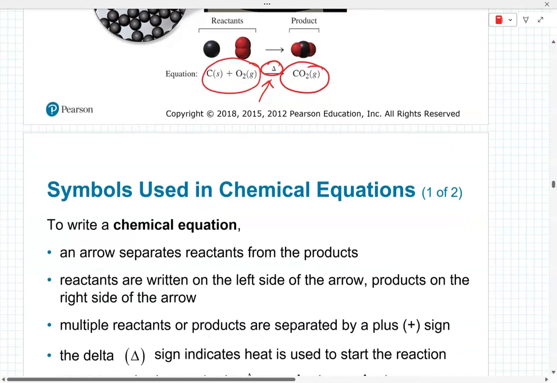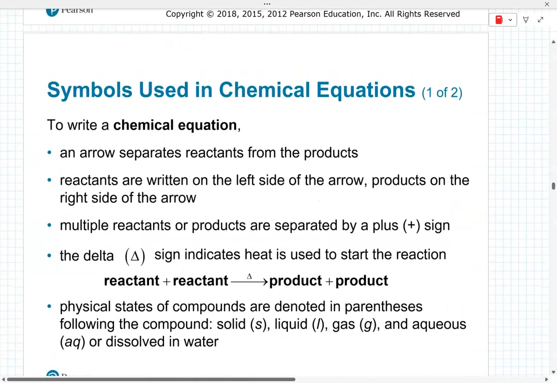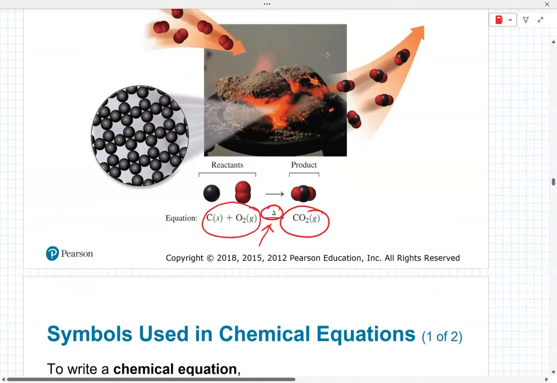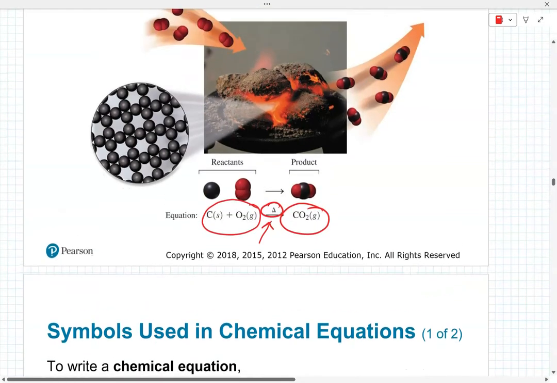This little triangle, which is a delta sign, means that you need to heat up your reaction. Reactants are on the left, products are on the right, and they are separated by pluses. So we can say that in this reaction, carbon plus oxygen, if you heat them up, you will get carbon dioxide. Make sense, everyone? Okay.